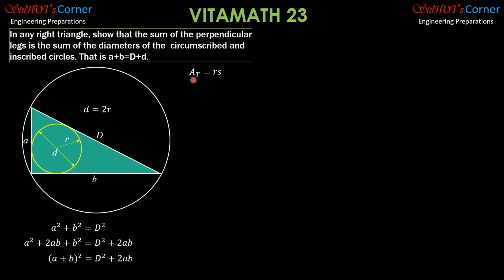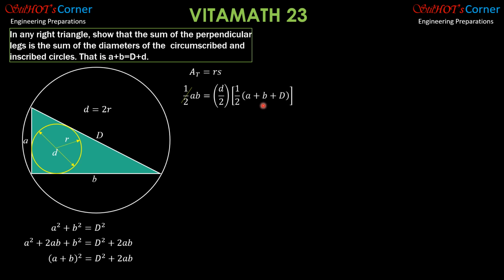And if you want the derivation of this formula, you can also watch the previous Vitamath problems, which I uploaded in my YouTube channel. So that is 1/2 ab is equal to r, and r is small d over 2, and s is 1/2 of the quantity perimeter a plus b plus capital D.